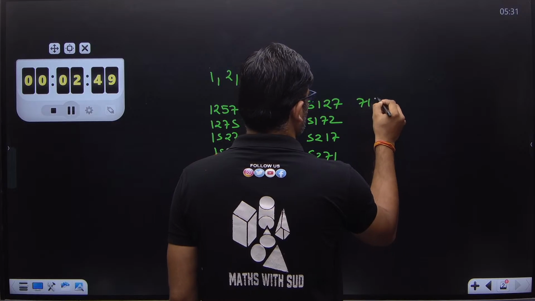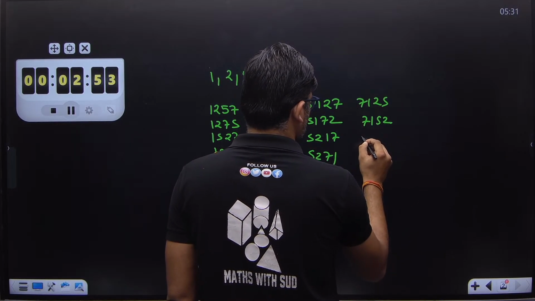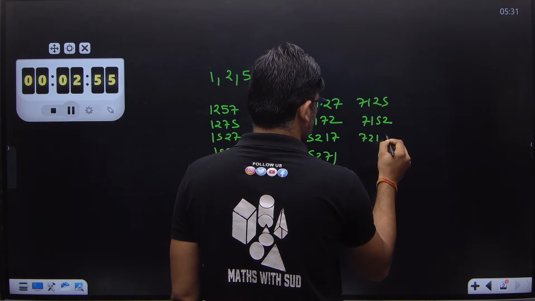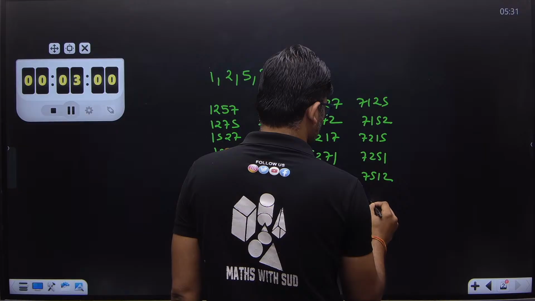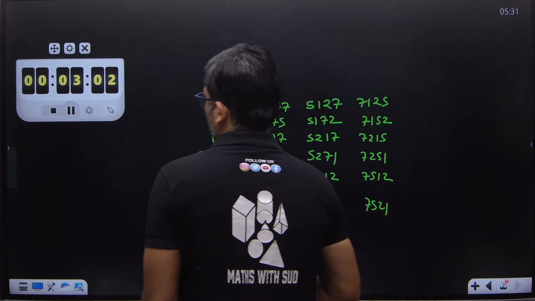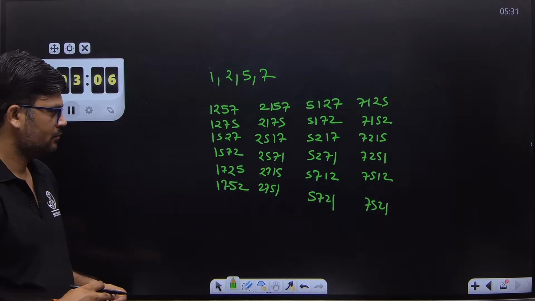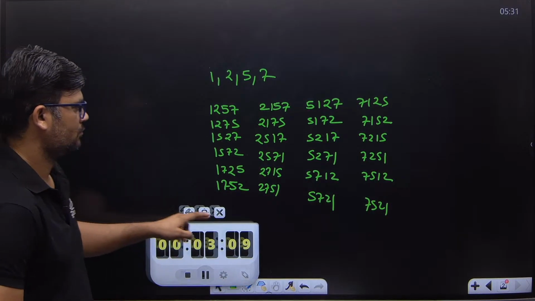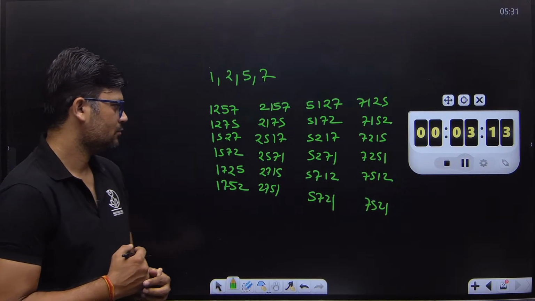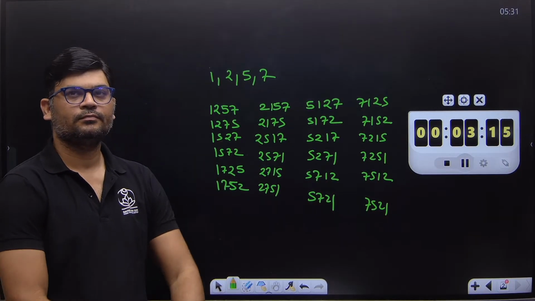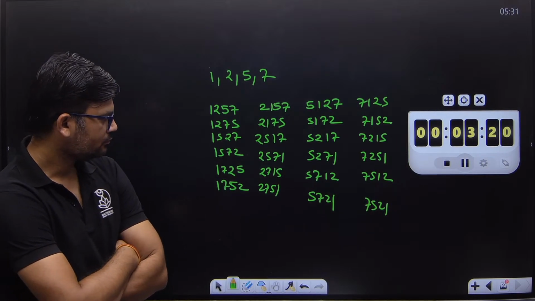Then 7, 1, 2, 5, 7, 1, 5, 2, 7, 2, 1, 5, 7, 2, 5, 1, 7, 5, 1, 2, 7, 5, 2, 1.